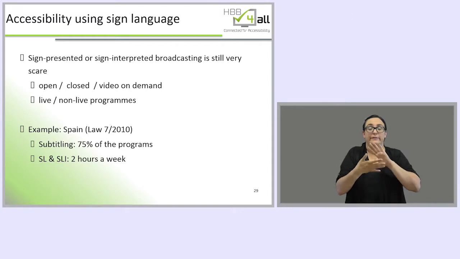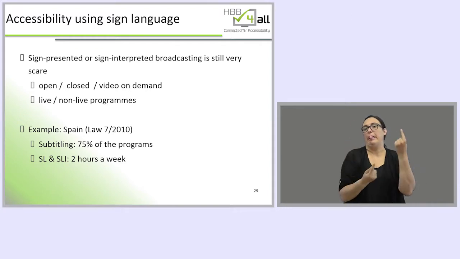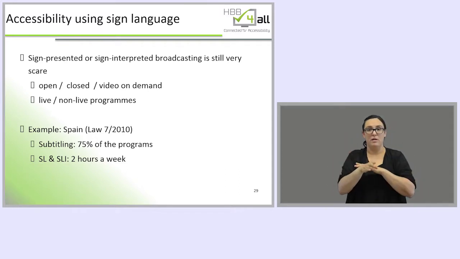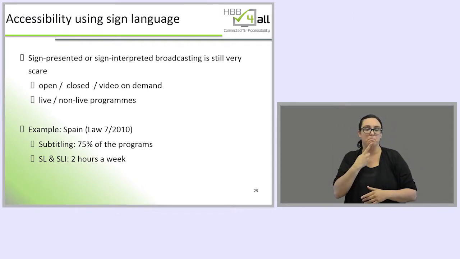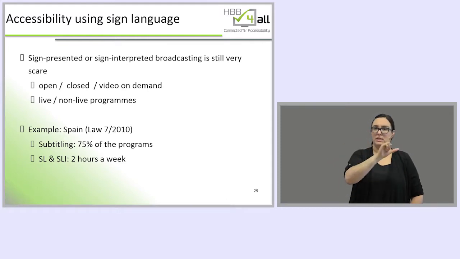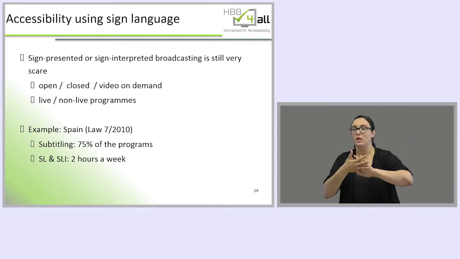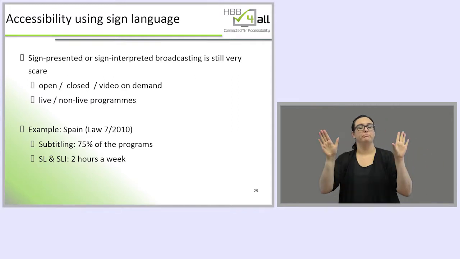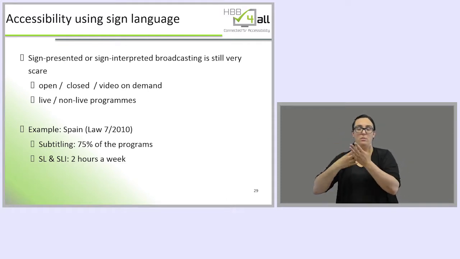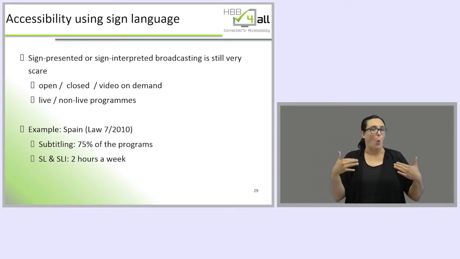For example, the media and broadcasting law in Spain for accessibility for deaf people recognizes the right to have 75% of the programs in subtitling or captioning, but only 2 hours a week of sign interpreted or sign presented content. So, as you see, the difference is very, very big.